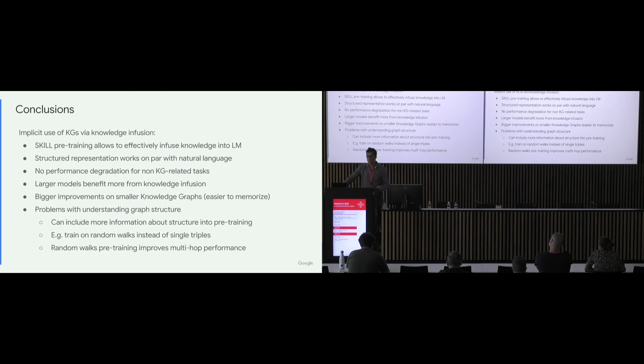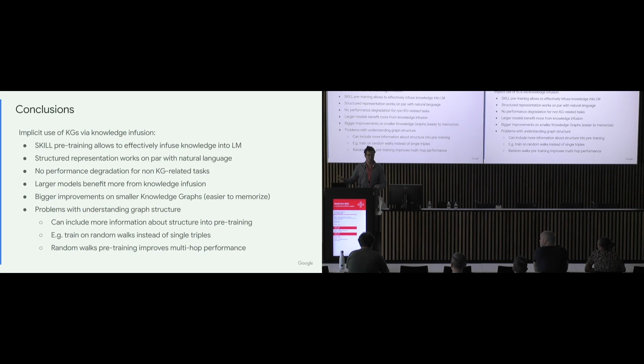I skipped very quickly through it, but we also did experiments with smaller knowledge graphs. All of this is very intuitive, but it's good to test it empirically. The smaller the knowledge graph, the better the memorization and the better the improvement. Like we tried with a movie-specific knowledge graph with 100,000 facts and a movie QA data set. And there the accuracy of the answers went from like 20% to 75%.